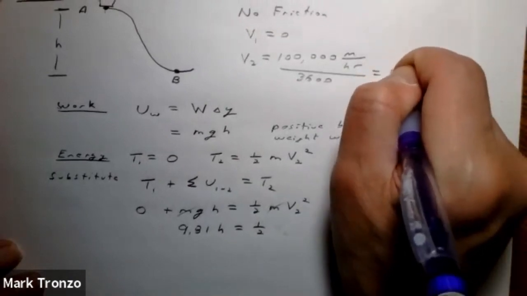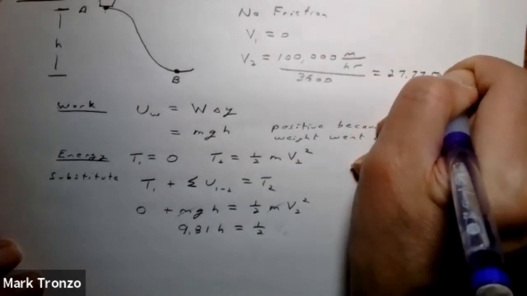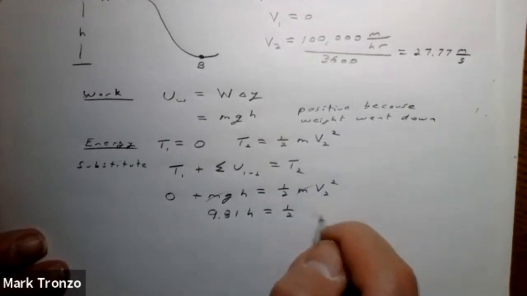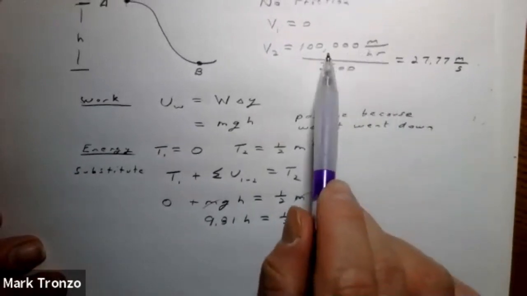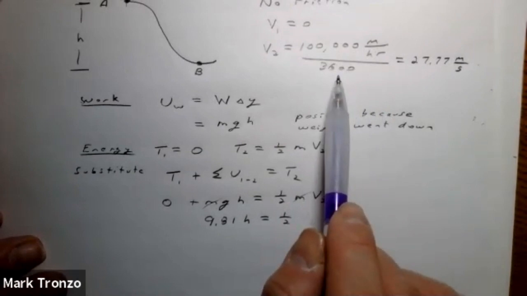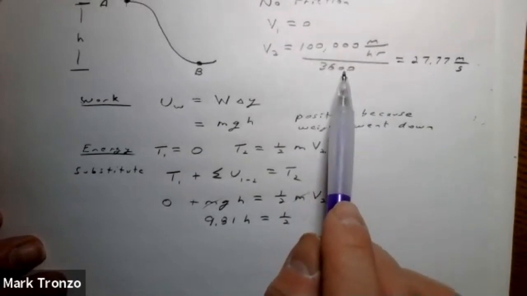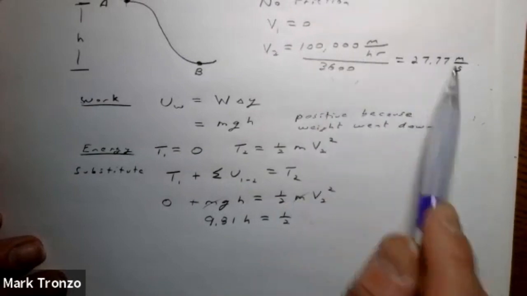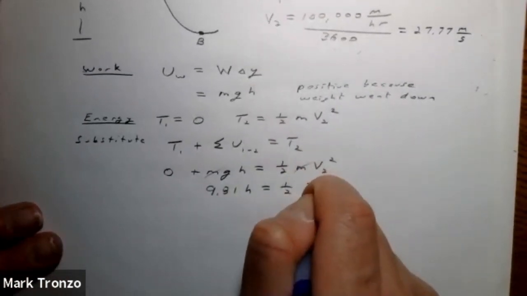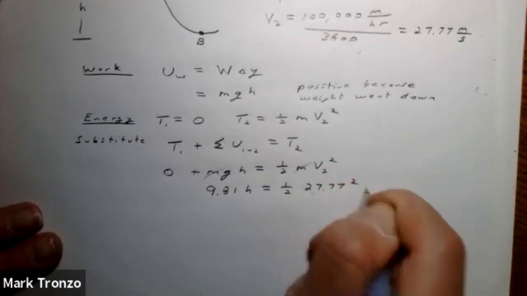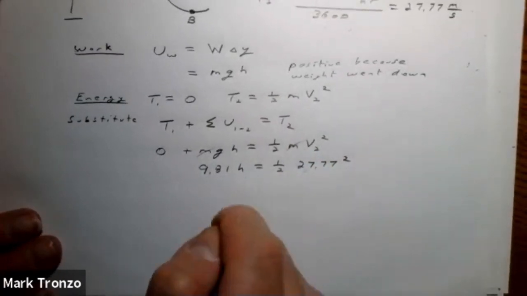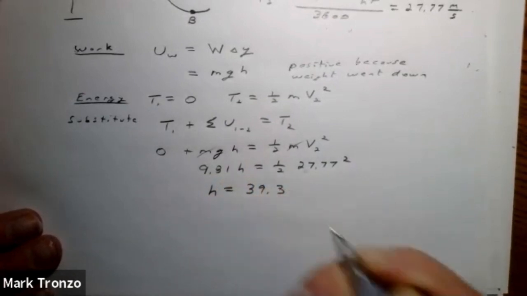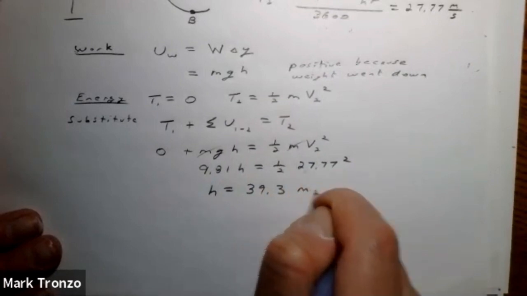So it's going to be 27.77 meters per second. So that's going to be our velocity 2. Remember, if it's 100,000 per hour, and then there's 60 minutes in an hour and 60 seconds in a minute, we can divide that by 3,600 to get this. So that's going to be our second velocity squared. And then just solve for our height, 39.3 more or less meters.